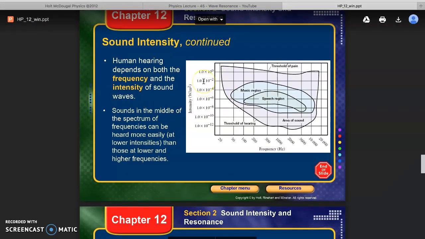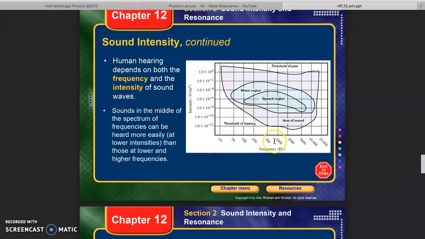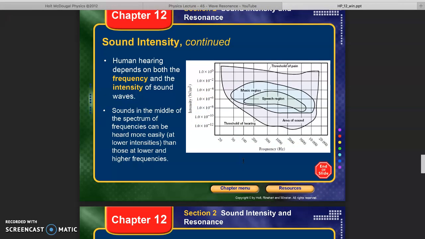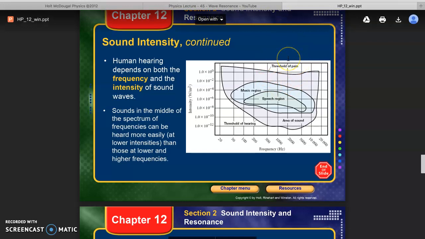Remember when we talked about sound in the prior section, we talked about frequency of sound. And now we're talking about intensity. So both factors are involved in how we listen to sound. If you remember when you did your lab, when we were doing the very high frequencies, I asked you guys to decrease the volume, because if you left the frequency very high and the intensity very high, you could actually hurt your ears.